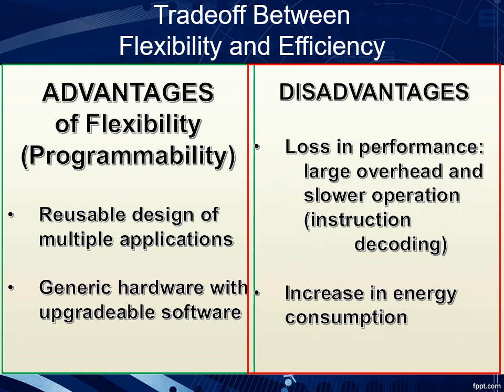On the other hand, one disadvantage is that typically this reprogrammed hardware performs worse than hardware fully designed for a particular application. The other aspect is that the more layers of software added to some hardware, the higher the power consumption. These are general considerations, and one has to know that any flexibility and programmability of the function has a cost in terms of performance and in terms of energy consumption.